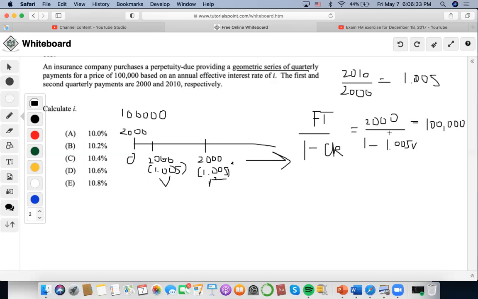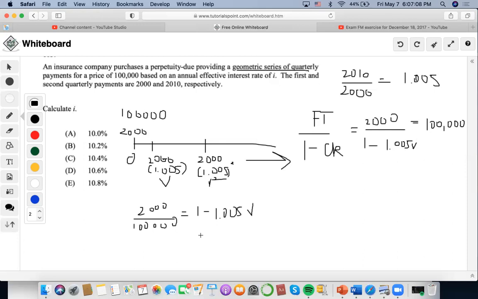So I'm going to move this to the other side. I'm going to get 2,000 over 100,000 equals 1 minus 1.005v. Now I'm going to do 2,000 divided by 100,000, minus 1, divided by negative 1.005.